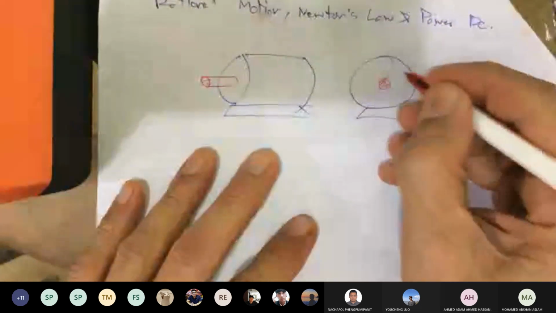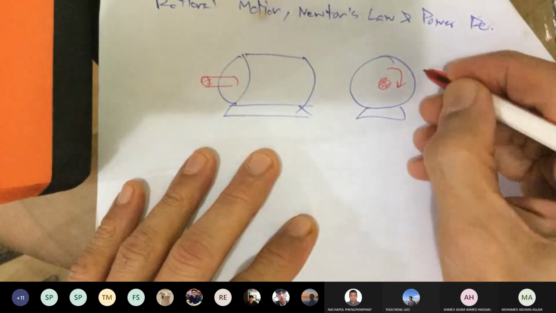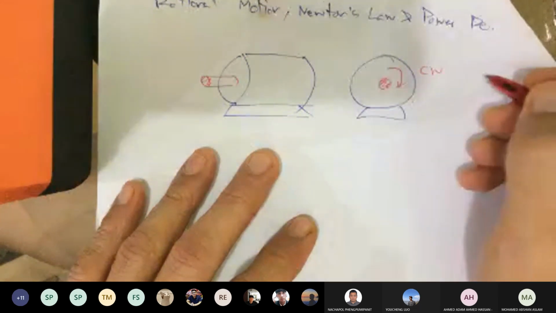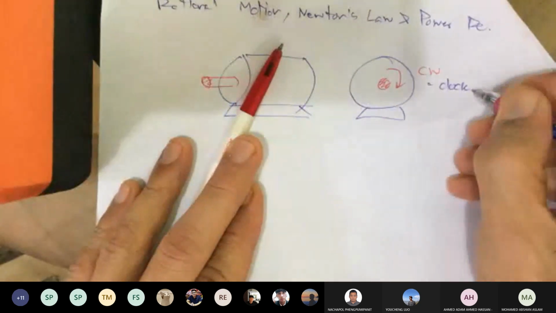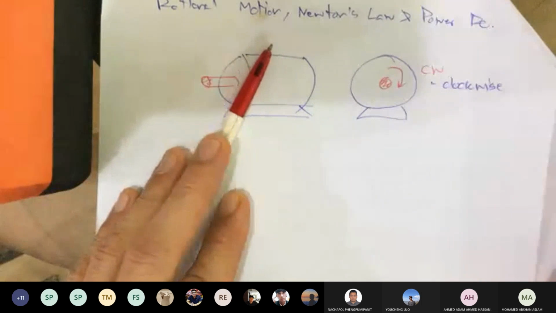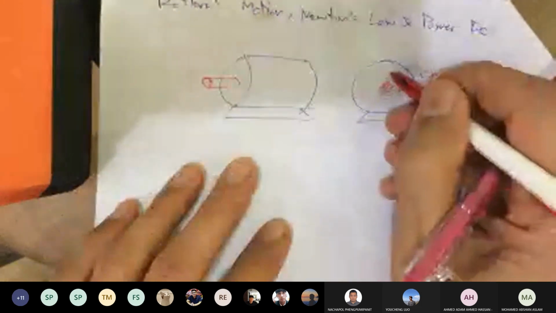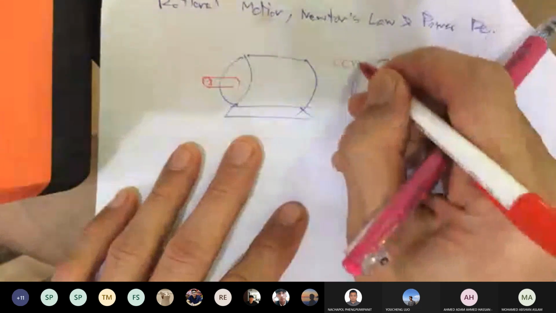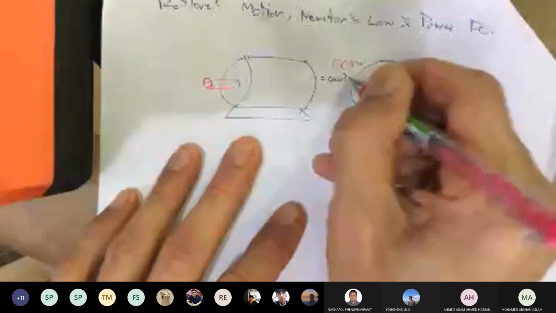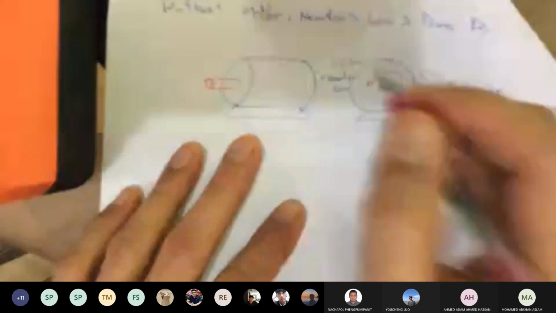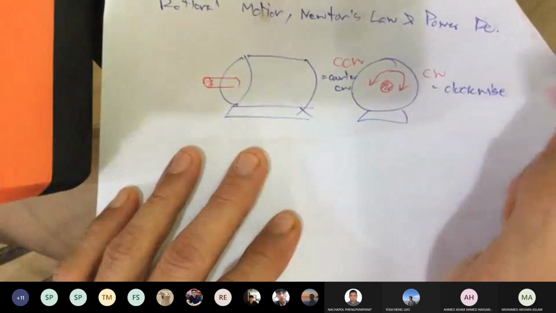If it's spinning like this, we call this the clockwise direction. Okay, the opposite, if it's the other way around, CCW, counterclockwise. Okay, or anti-clockwise. It depends on which English they want to speak.